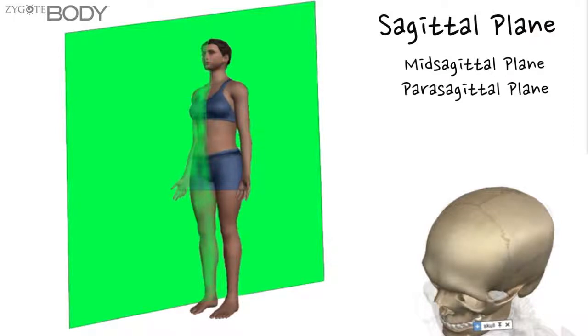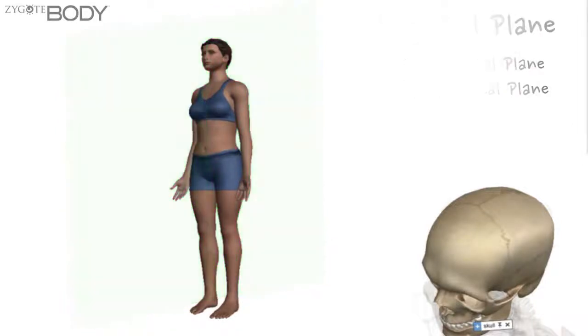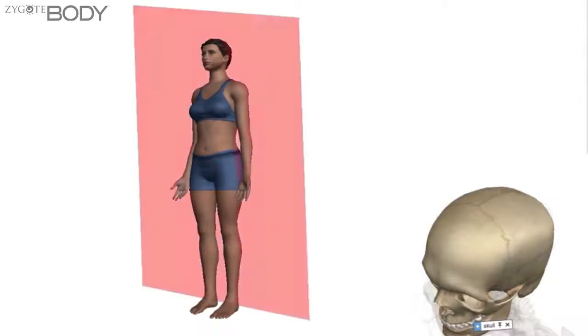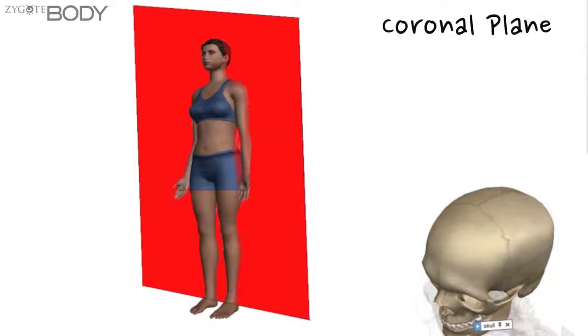Now, clearing up this sagittal plane, I'm going to move on to the second plane, which is the coronal plane. Also using the skull, I can show you that the coronal plane runs parallel with the coronal suture here on the skull.